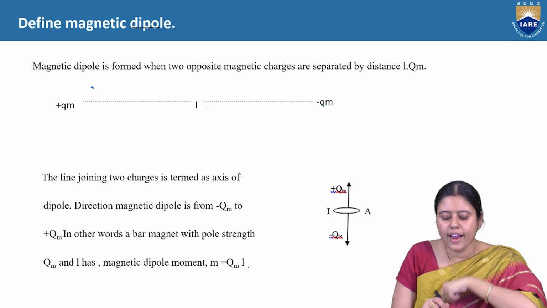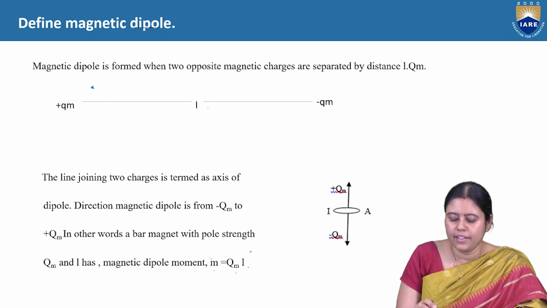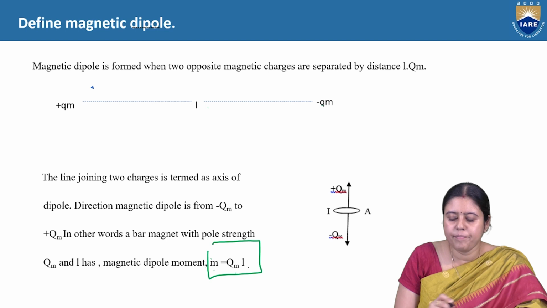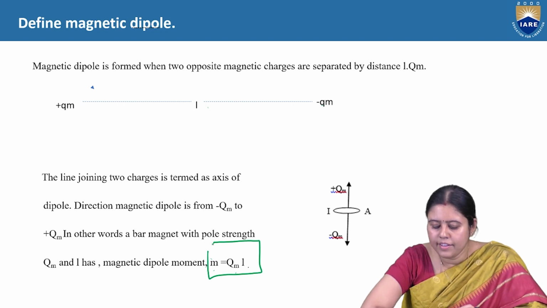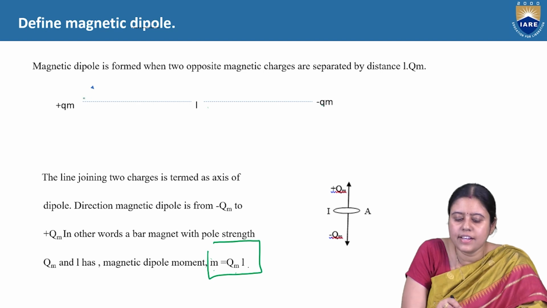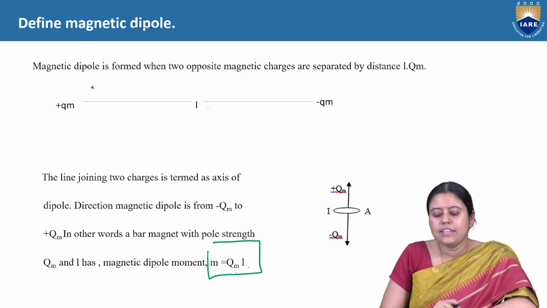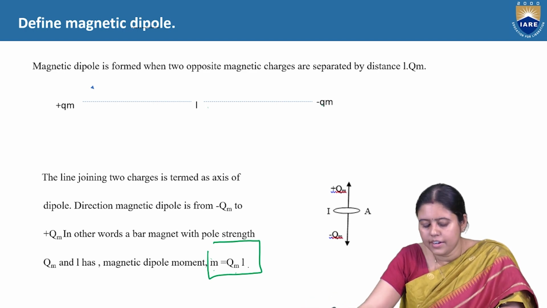So we can write that small m is equal to qm into L, where L is the distance between plus qm and minus qm, similar to the electric dipole.